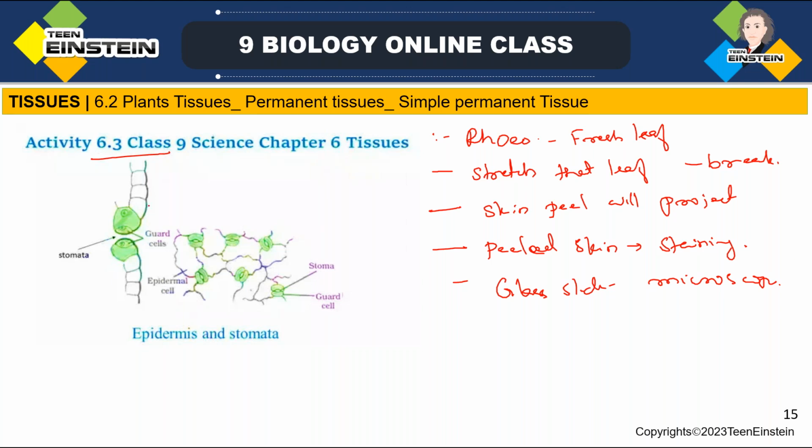Then you can observe this kind of cells. When you're observing the outermost layer of cells, you can see the epidermis. So these are the epidermal cells.